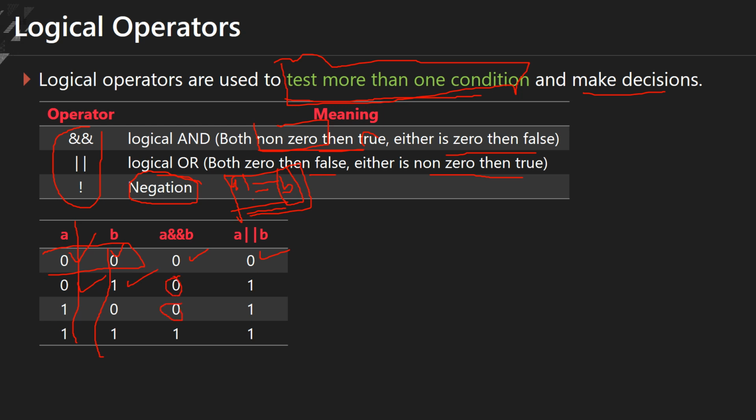Here 1 and 0 is also 0. But in the case of the OR operator, if either one of them is non-zero, then it is true. If both of them are non-zero, then in both cases the OR operator is true. So again, we test more than one condition to make a decision.